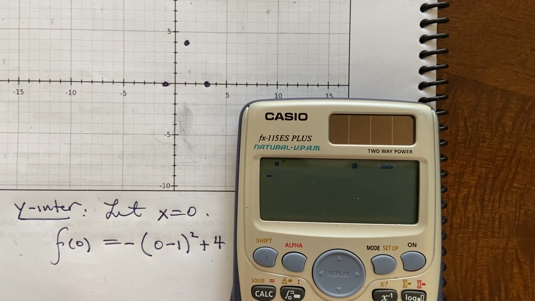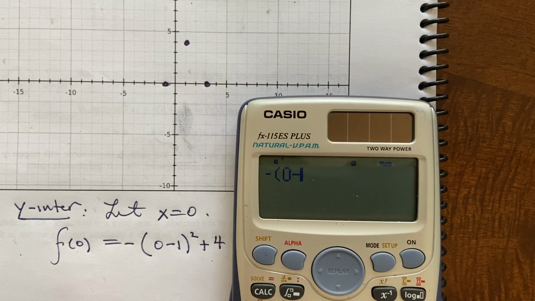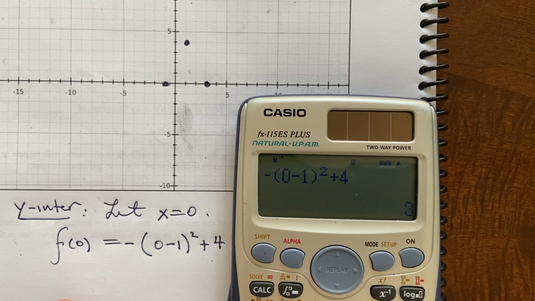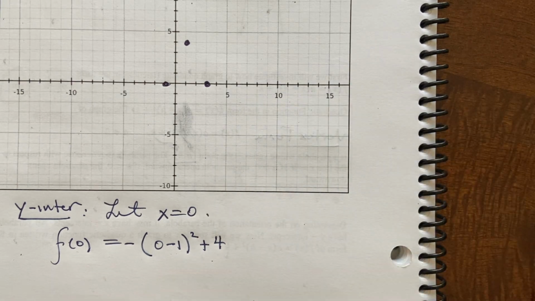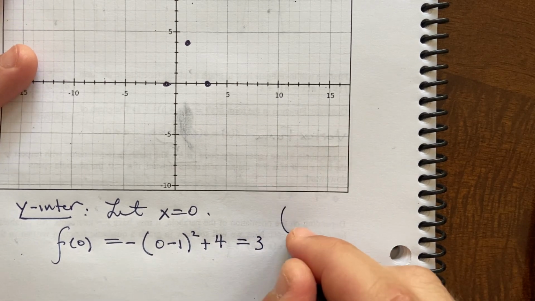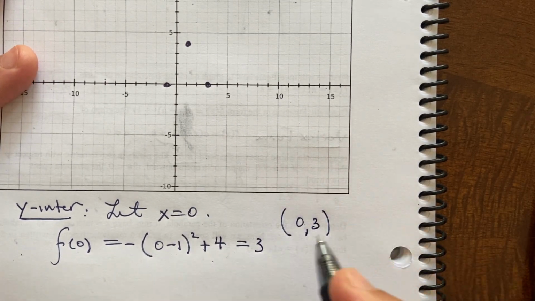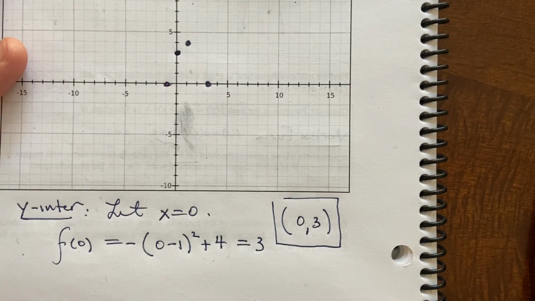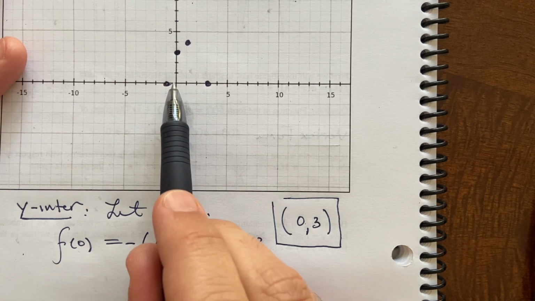So negative (0 minus 1) squared plus 4, this is the number 3. So this equals 3. In other words, we have a y-intercept at (0, 3). So there's that point, (0, 3).